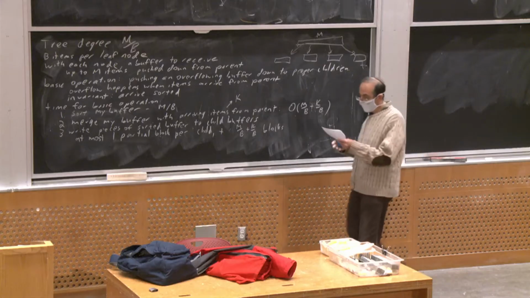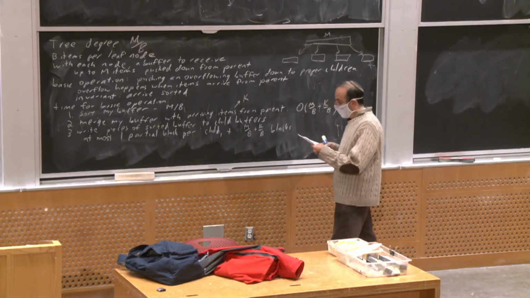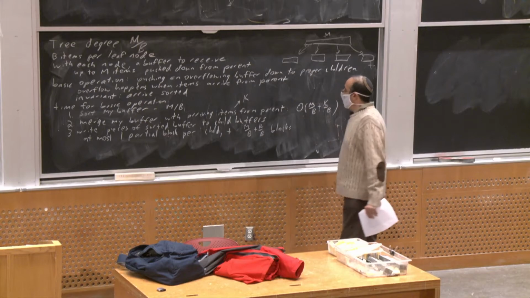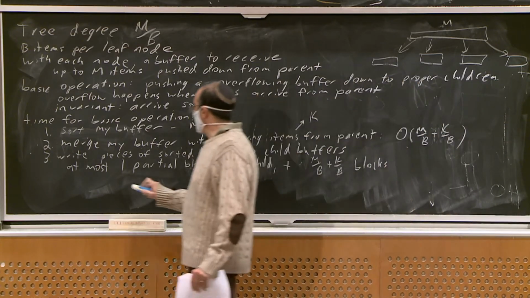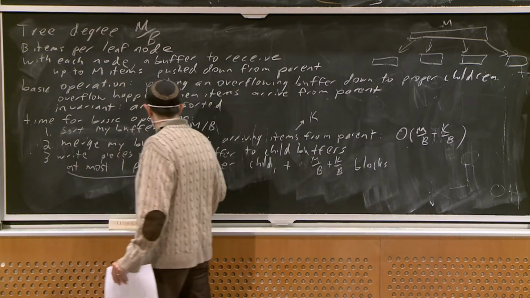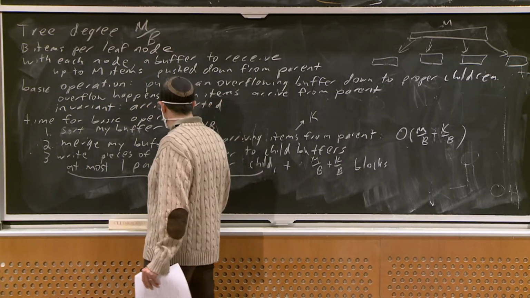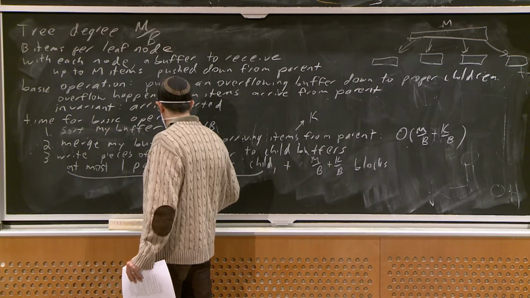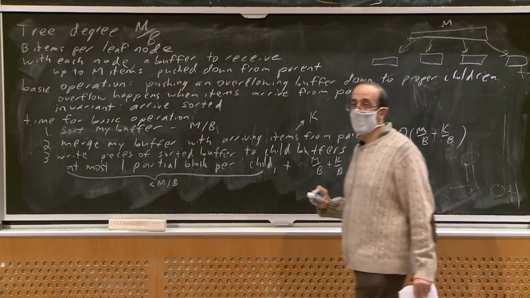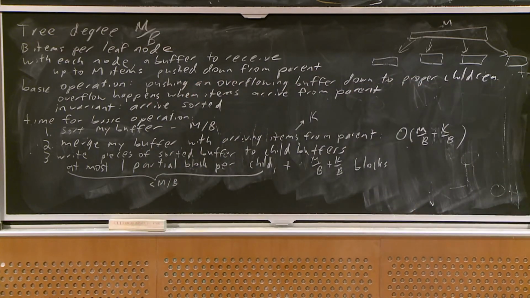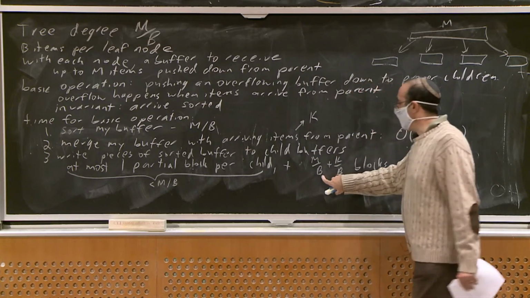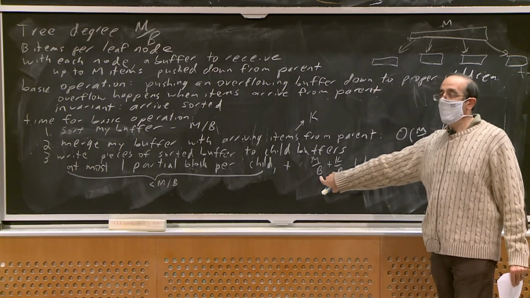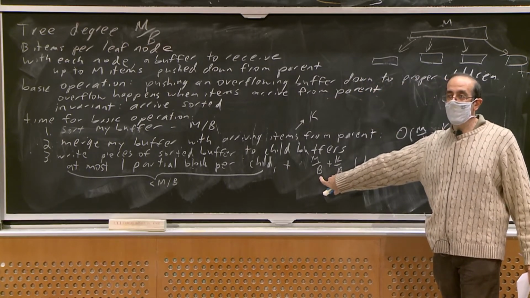Okay? But since there are m over b children, this at most one partial block per child is just another m over b blocks. Which means that the partial block writes that we may have to do are dominated by the full block writes that we need to do.